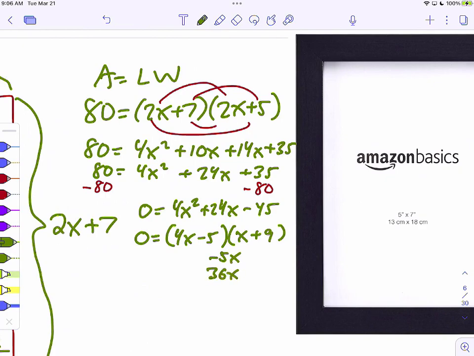Wait a minute, but it's not right either. Okay, switching it again. All right, 2x and 2x, and 3 and 15. Negative 3 and positive 15.